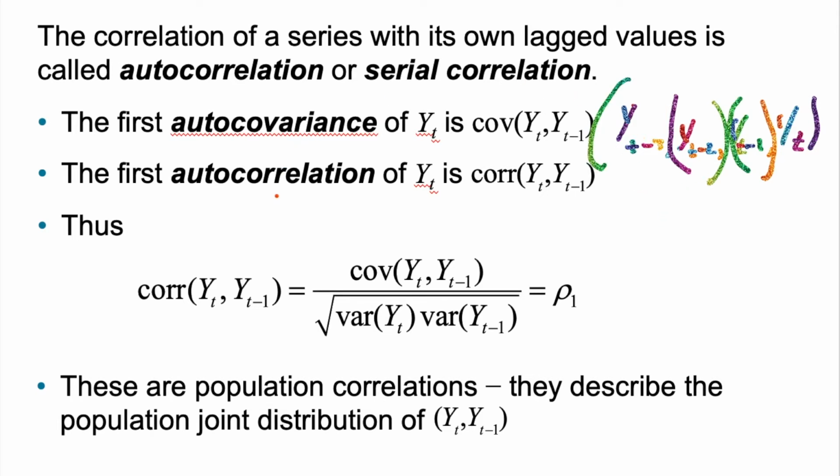The first autocorrelation of yt is the correlation between these two sets of observations.